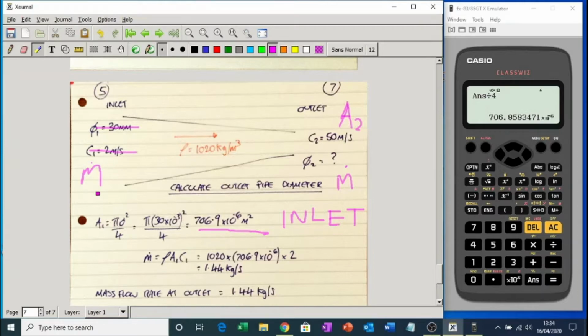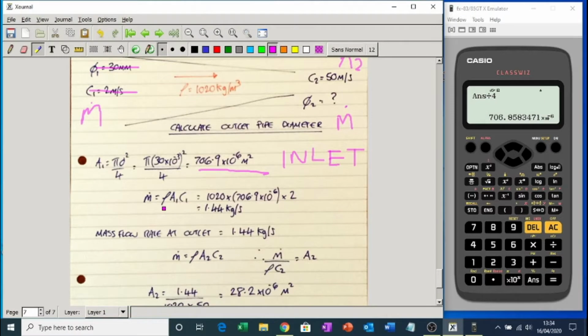So now we'll work out the mass flow rate coming in. We know this formula. The density is 1020. The area is this. And the speed coming in is 2. So I'll keep that number because it's a bit more accurate. Times that by 2. Times that by 1020.